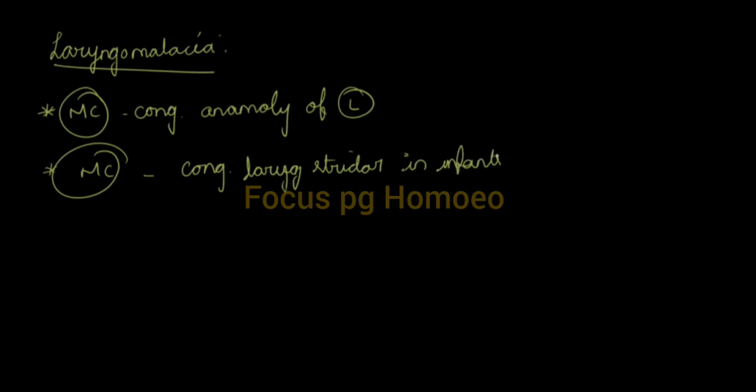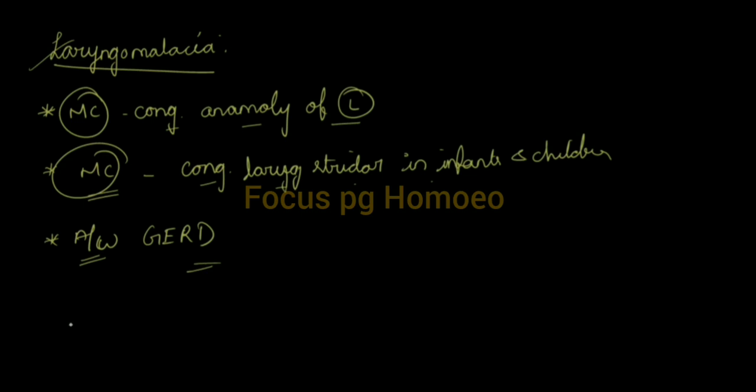So stridor will occur if stridor is occurring in infants and children. This is because of laryngomalacia, and it is commonly associated with GERD, gastroesophageal reflux disease. So in case of laryngomalacia, the most common congenital anomaly of larynx, and the most common cause of congenital laryngeal stridor in infants and children, it is associated with GERD.